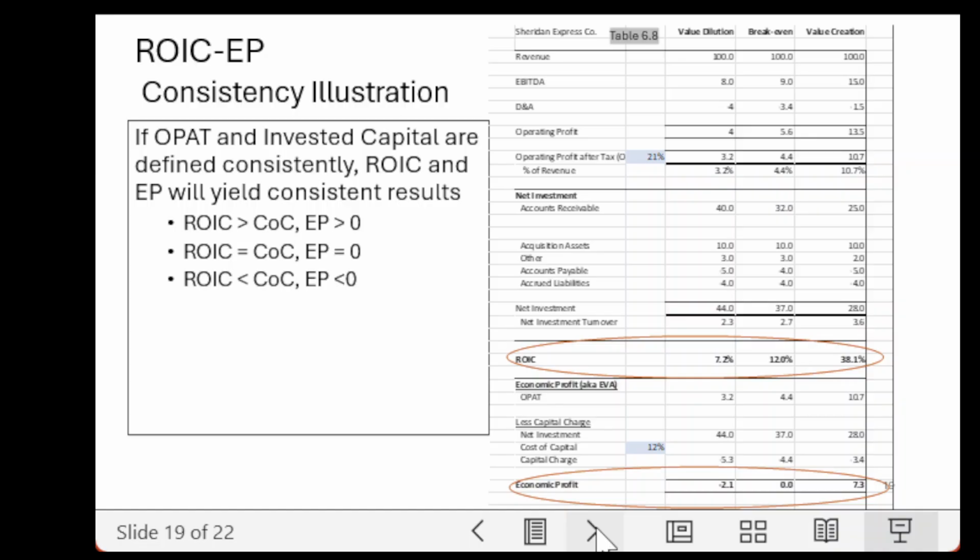So you can see that illustrated for Sheridan Express Company in table 6.8 there, that EVA is neutral in the middle case, the break-even level, where the capital charge is equal to the operating profit after tax generated. Economic profit is positive, 7.3, where OPAT exceeds that capital charge. And we've got, in the other case here, where value dilution occurs, economic profit is negative because ROIC is less than the cost of capital.